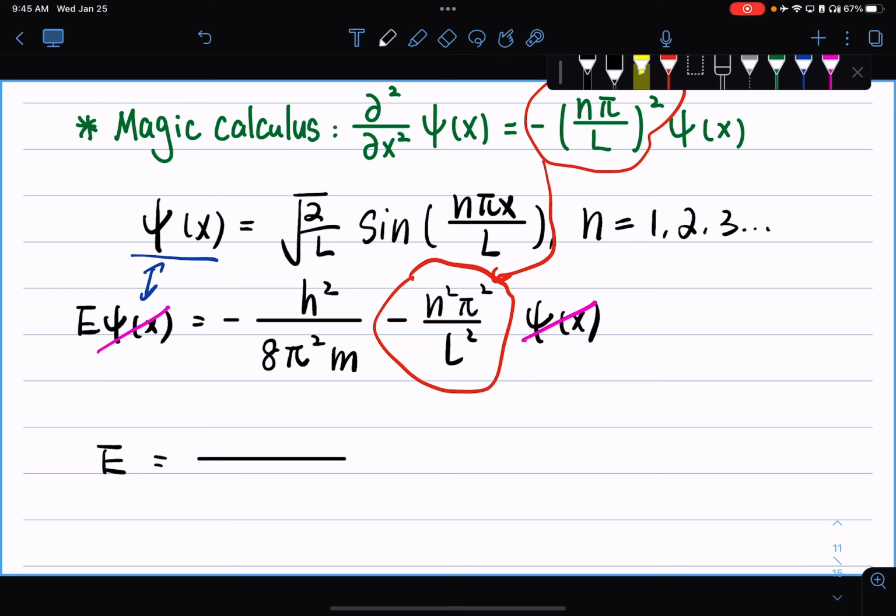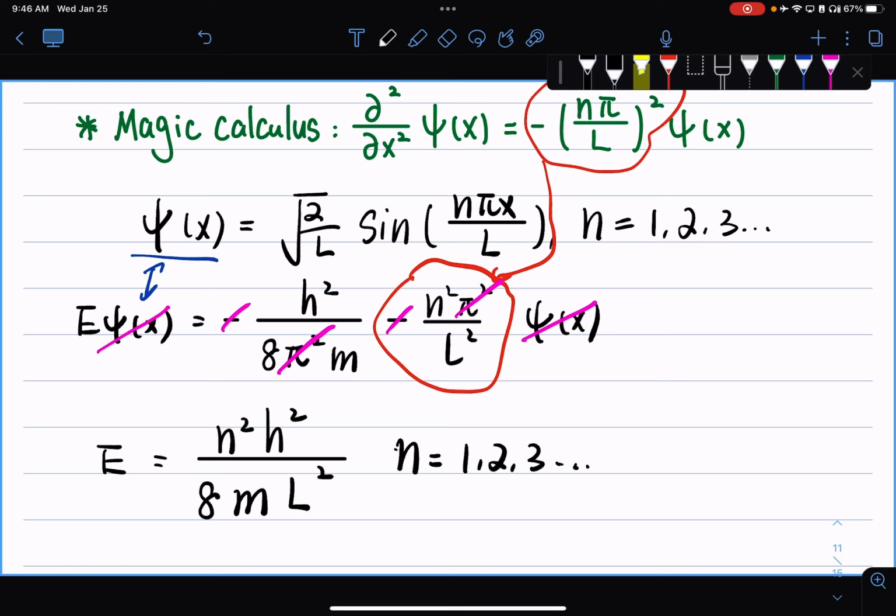We don't have a negative anymore, which is good. We have n squared h squared, so the negative canceled out, pi squared canceled out. On the bottom, we have 8 m L squared, with n equals 1, 2, 3, etc.